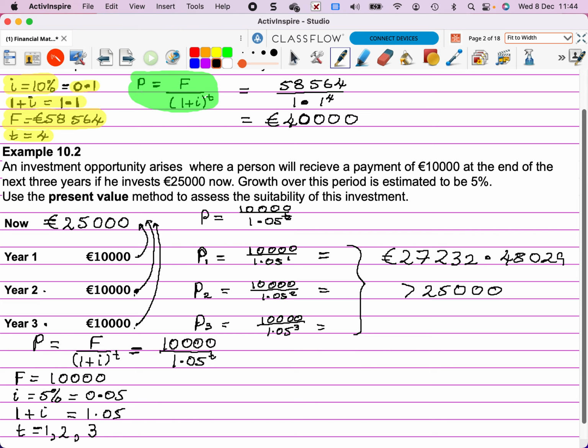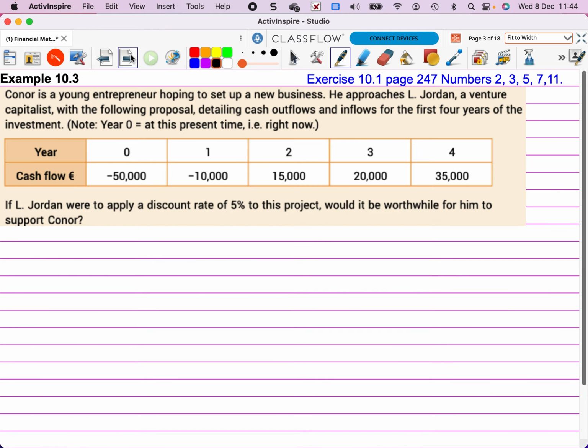Okay, next thing is going on to the next example. And the next example is a little bit like Dragon's Den. So if you look at this, someone at the very start of the company starting, so time is 0, gives the company 50,000.